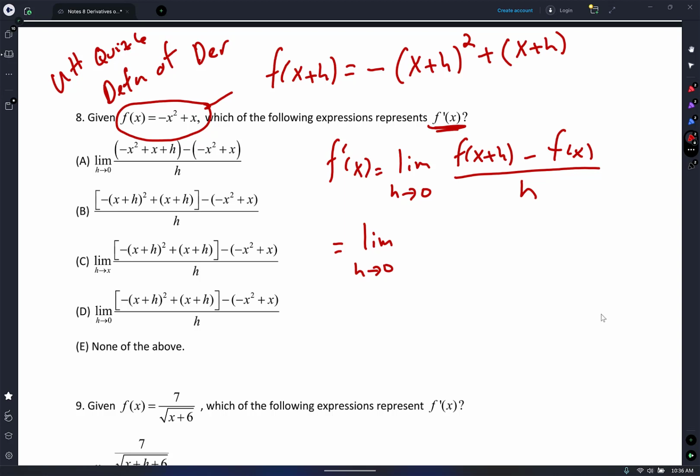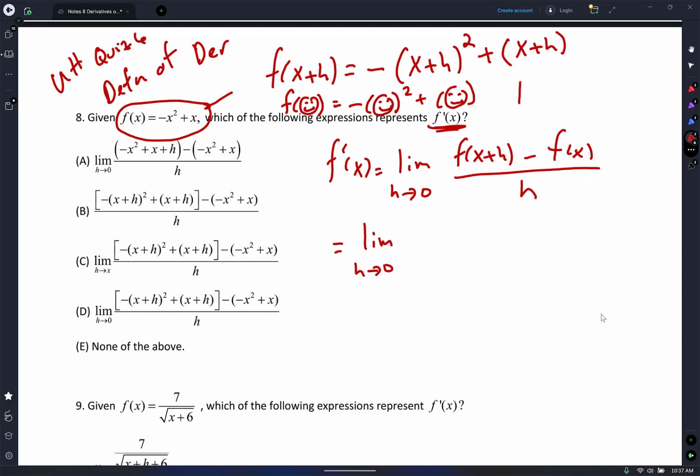All right, what's up, Gian? Ask me. Oh, okay. Let me explain why. If I were to tell you f of happy face equals negative happy face squared plus happy face, see how I wrote happy faces? Wherever my happy face is, if I put a different expression in for happy face, that's the expression I'm going to put in.